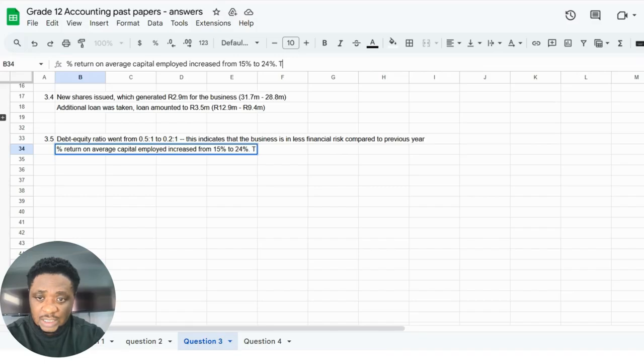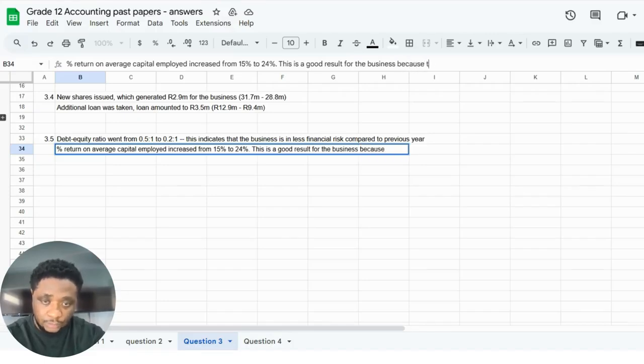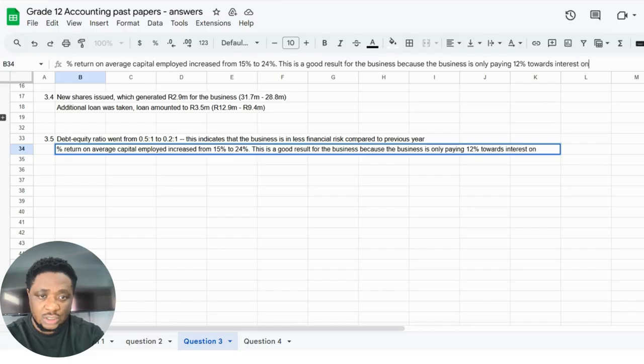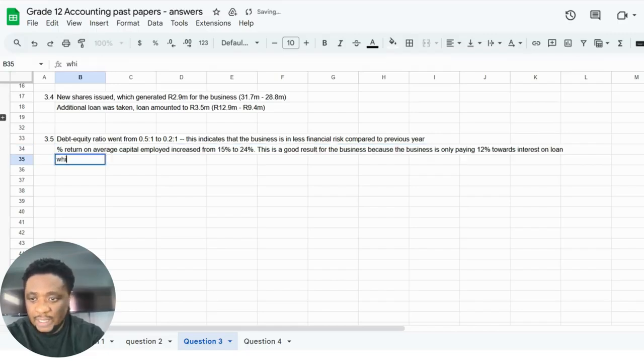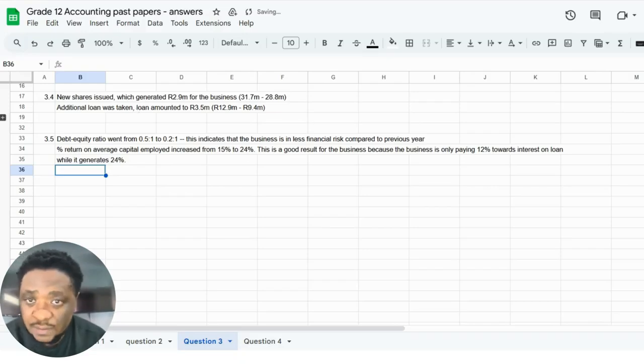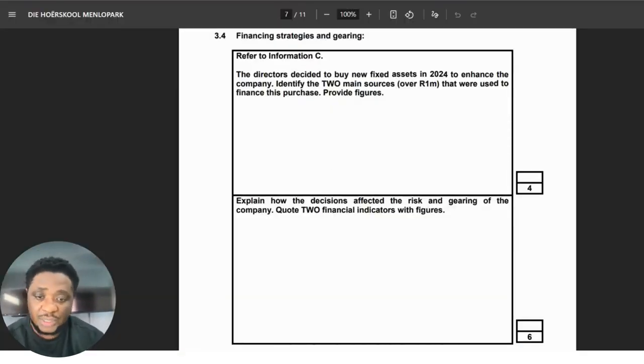We're going to say that this is a good result for the business because the business is only paying 12% towards interest on the loan while it generates 24%. So this is a positive thing that the business will be happy about.